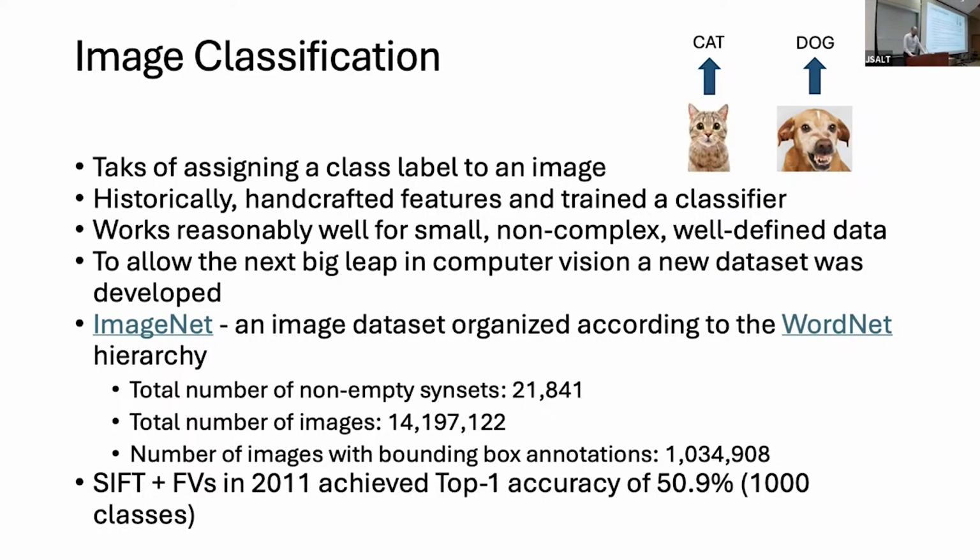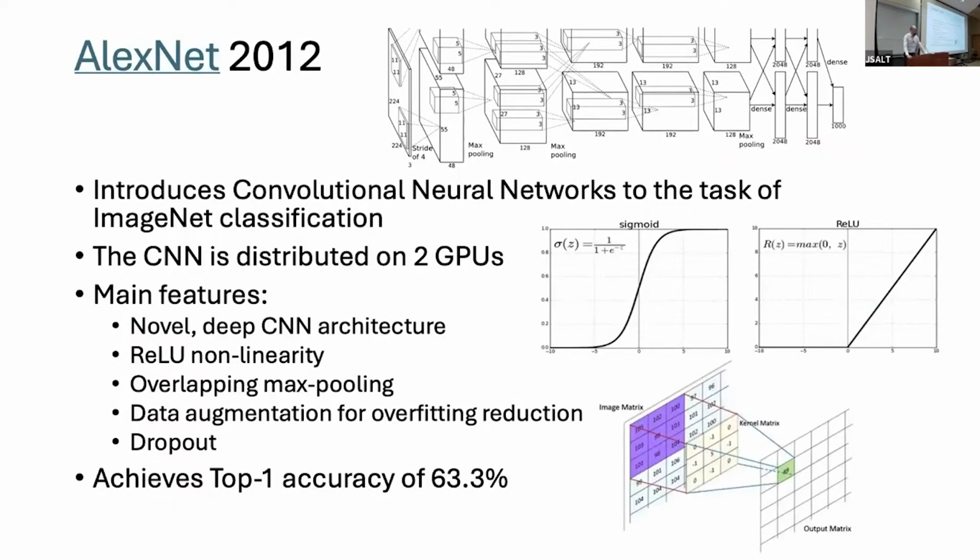So in 2012, AlexNet comes out. Back then, the image on top is very important. You see there are two branches of the net. It has nothing to do with the method by itself. The computation was so limited back then that they needed to split the architecture on two GPUs to be able to train it.